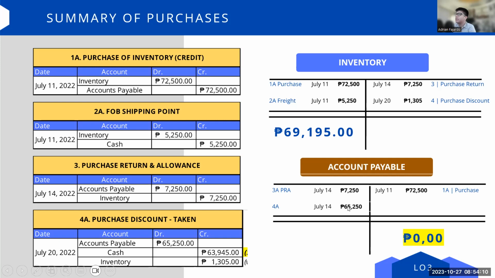And then, may 65,250 ka na binayaran mo na. Or 60,500 na sinettle mo na yung obligation mo. So, for every batch of purchase, bantayan niyo yung accompanying accounts payable for each of that. So, I know there are different accounts that might affect your accounts payable, but i-subdivide nyo na yung accounts payable that's related to the purchase. Yeah. So before I proceed, are there any question?